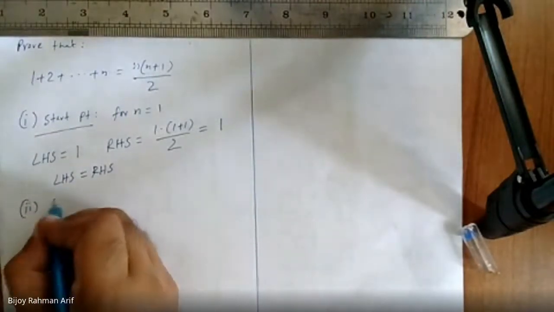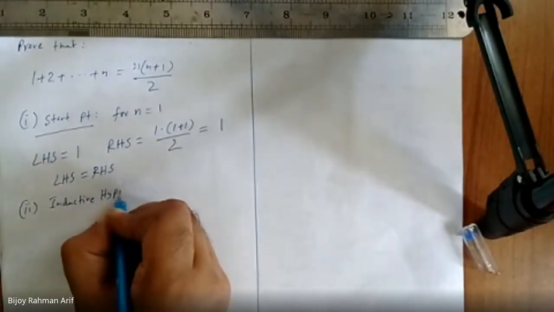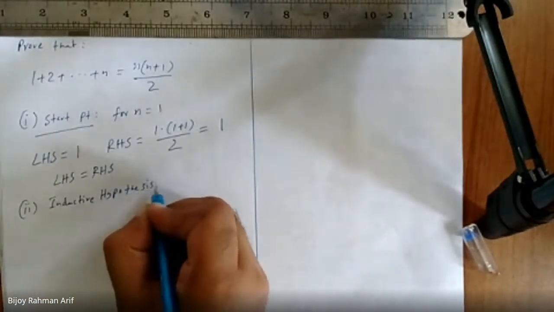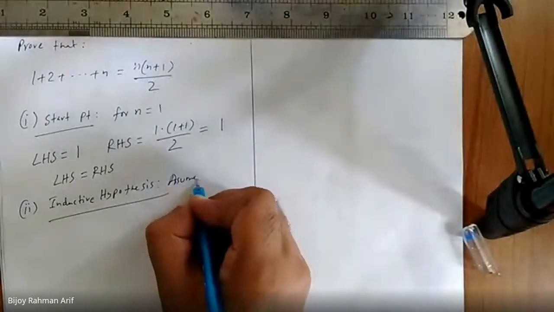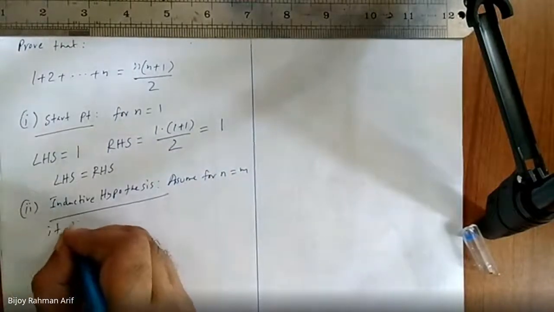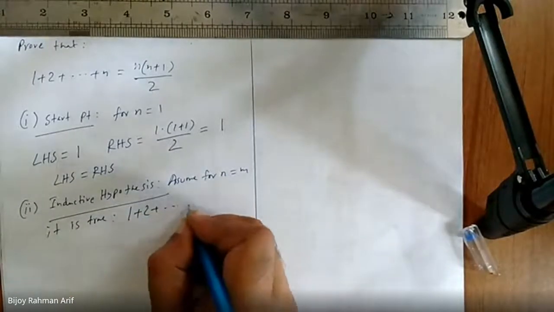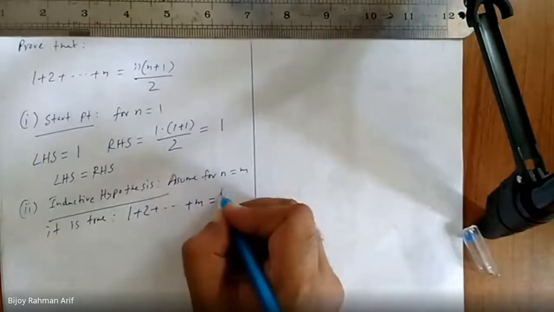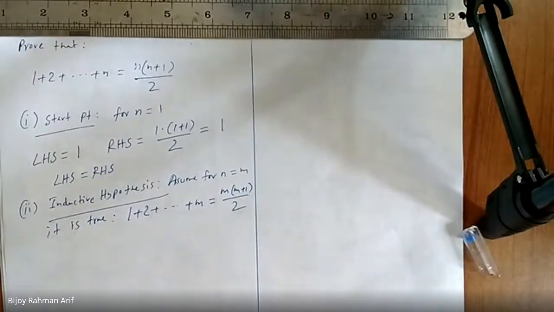Okay, guys? Number 2, inductive hypothesis. Assume for n equal to m, it is true. What is the meaning of this? 1 plus 2 plus ... up to m is nothing but m into m plus 1 divided by 2. Do you agree with me or not?